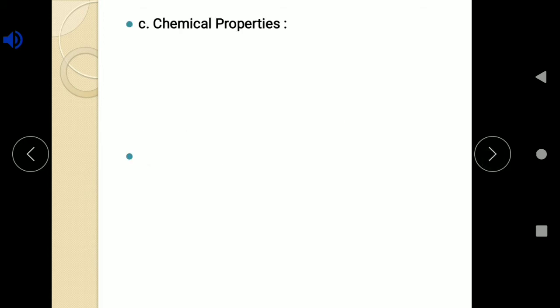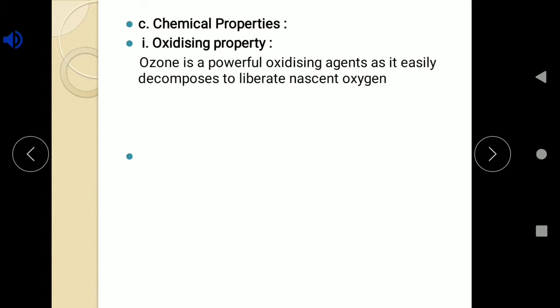Now, chemical properties of ozone. Ozone shows various properties such as oxidizing property, reducing property, as well as bleaching property. We will learn one by one. First one we are going to learn about is oxidizing property. That means ozone is a powerful oxidizing agent.